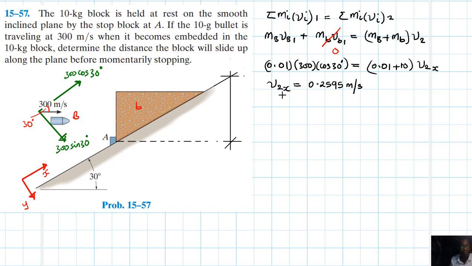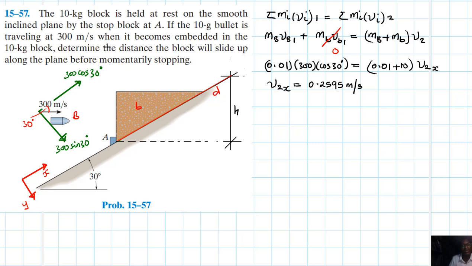What we need to do now is to calculate the height. Once we have the height, then we can calculate this distance here. You see this distance here I'm calling d.